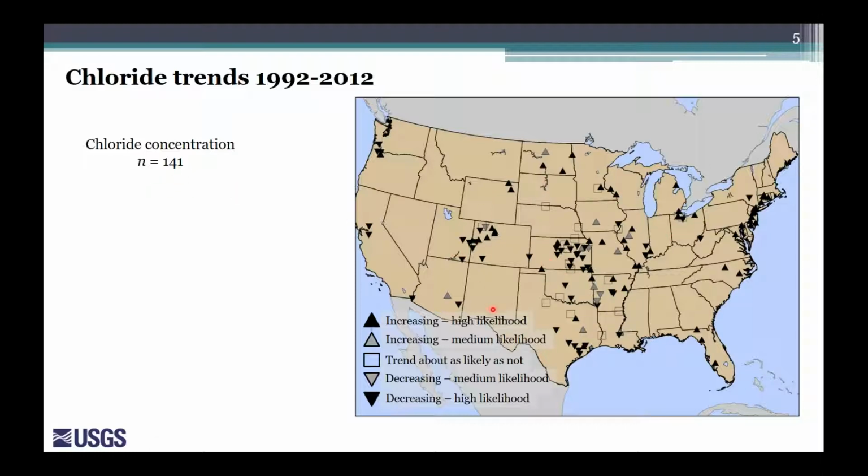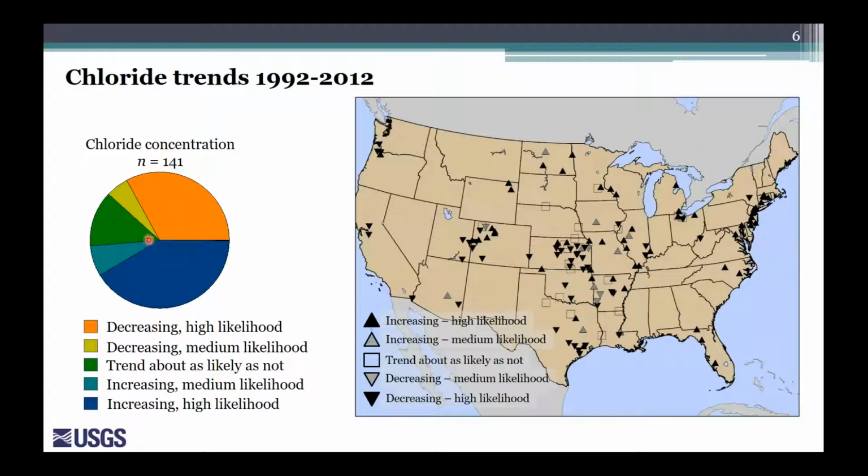You can see this broad distribution, and the triangles on the map show you the trend results associated with that study. What we found overall was that in about half of the sites around the country, we saw increasing chloride concentrations, and in fewer than half we found decreasing chloride concentrations, which are denoted by this orange and yellow color, okay?